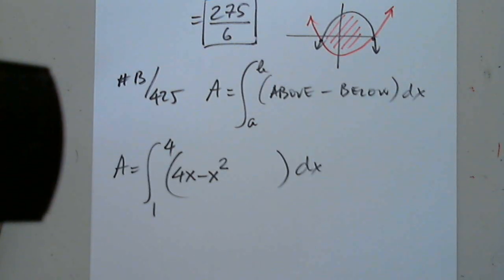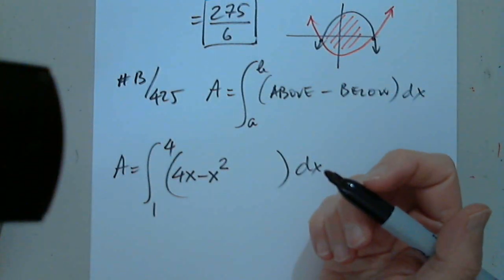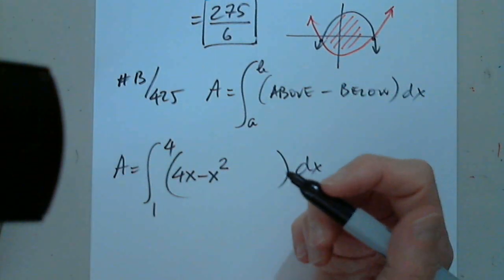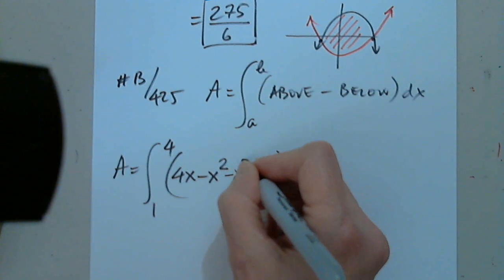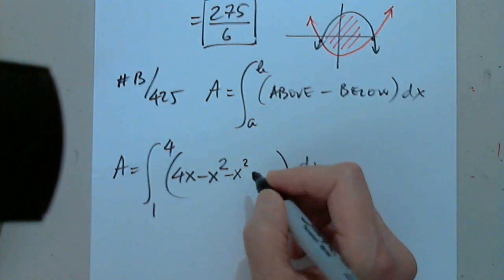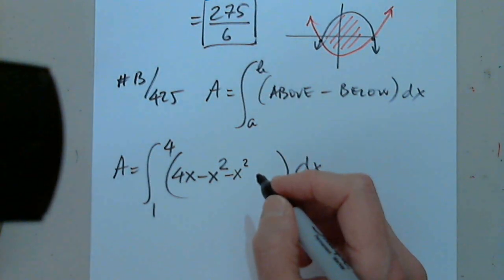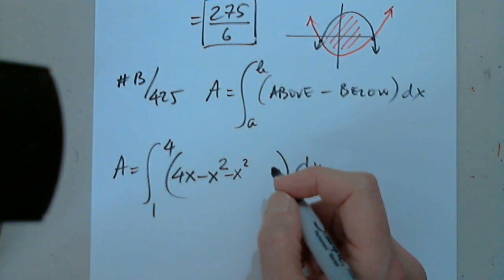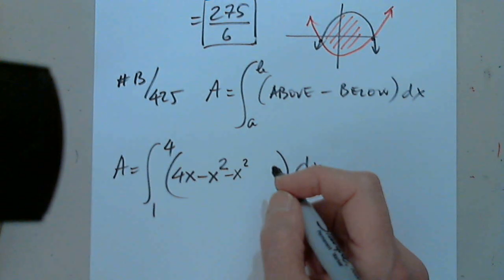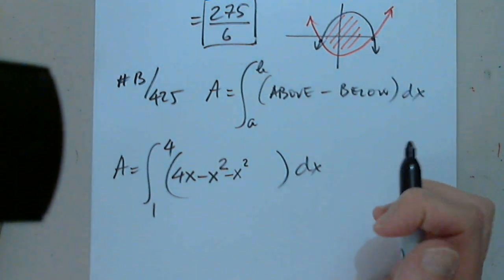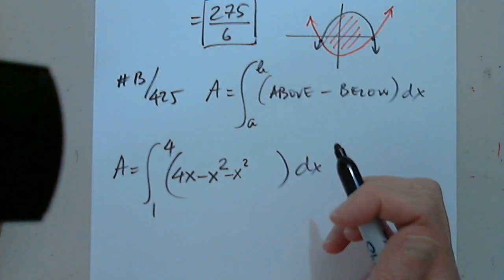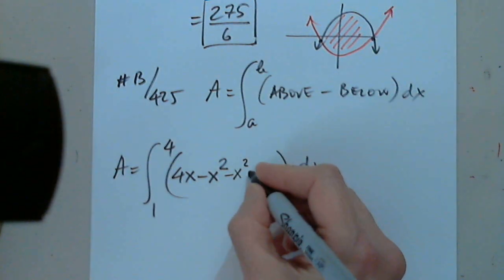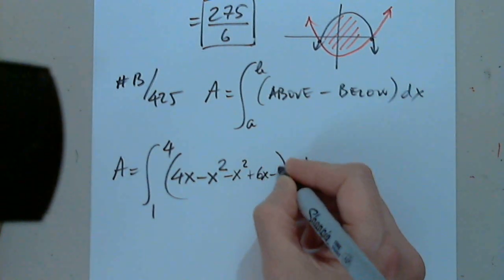How do I write minus the below function? So is it just minus x squared minus 6x? We have 8 to distribute to all three terms. We either distribute or write parentheses. So you either write parentheses or you distribute to all three terms, not just to the first one. So minus x squared, but plus 6x and minus 8.